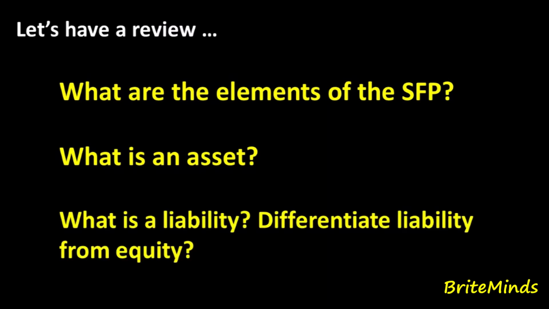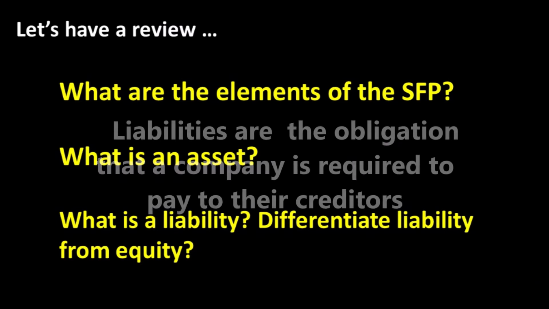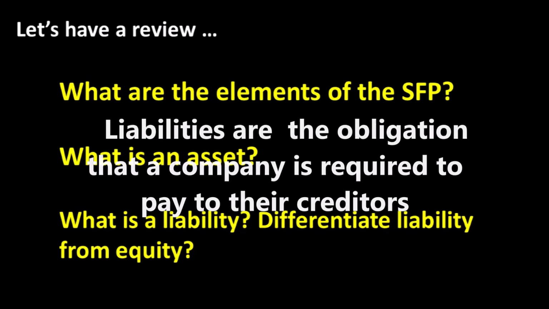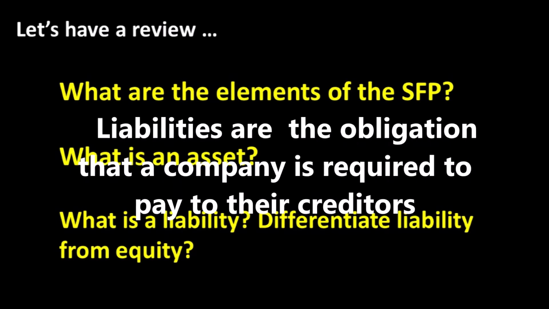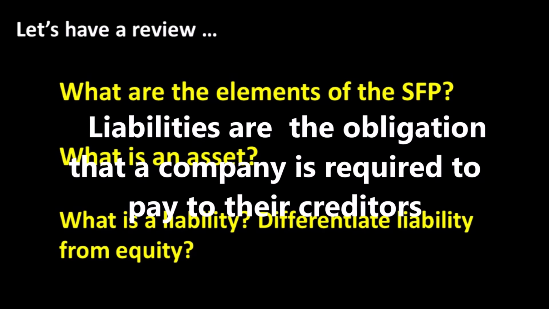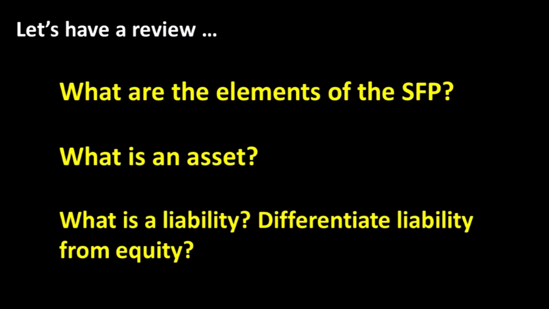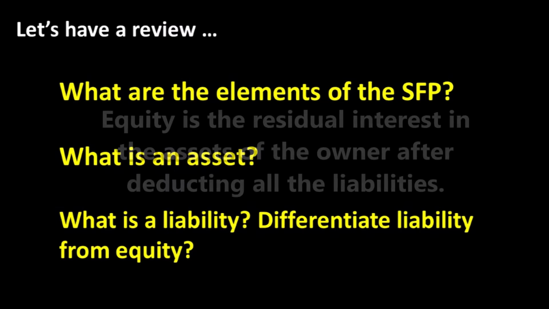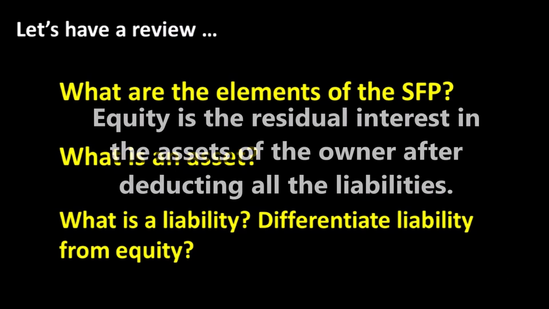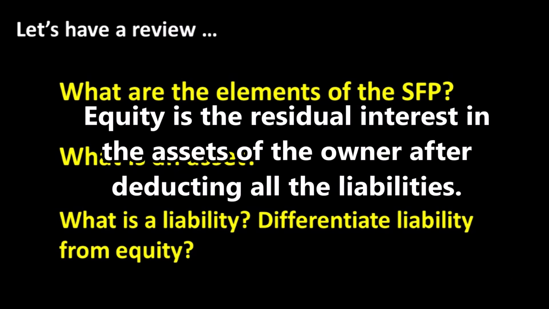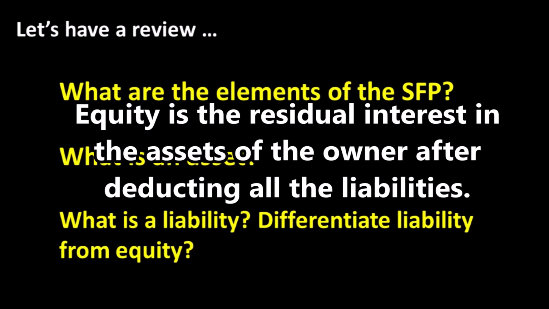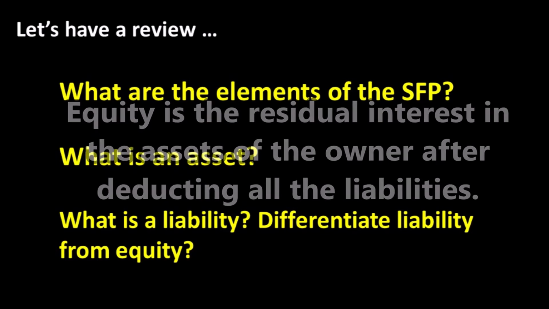What is a liability? Differentiate liability from equity. Liabilities are the obligations that the company is required to pay to the creditors, while equity is the residual interest in the assets of the owners after deducting all the liabilities.